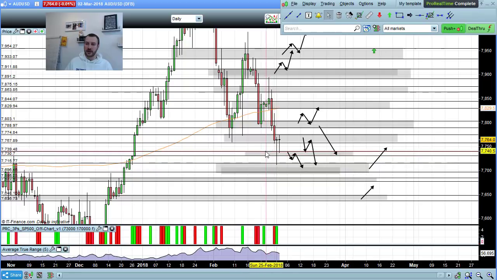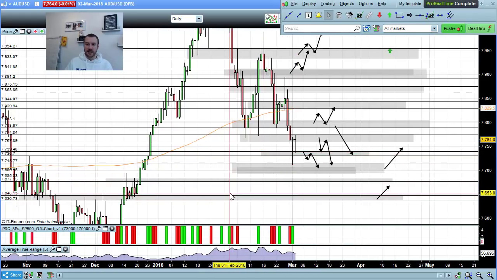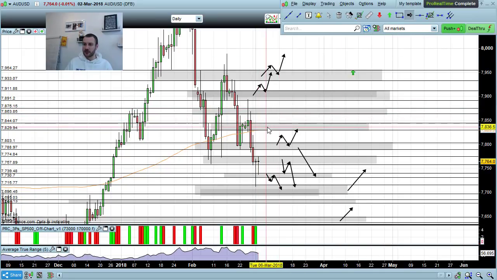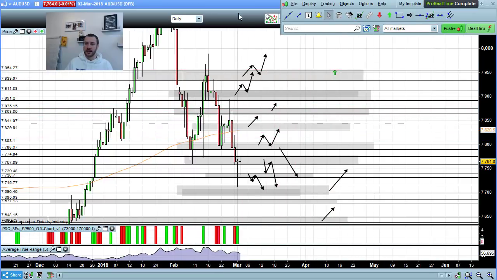We have a more minor level in between, 7730, 7740. As I mentioned, want to be a little bit careful of potential buys from there. Very key support, 7650 to 7640. And then up above, this remains key resistance. If we're breaking up above, we can start looking for those bullish bounces. Again, resistance up above, resistance up above. If we are starting to break up above both of these levels, I'd also be happy to look for bounces from either one of them.